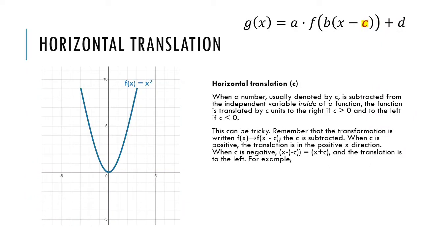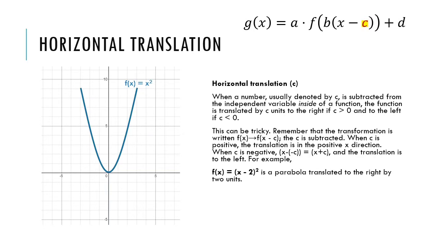This can be tricky. Remember that the transformation is written in the form f of x minus C. The C is subtracted. So when C is positive, the translation is in the positive x direction. And when it's negative, it's x minus C, which looks like x plus C, and the translation is to the left.